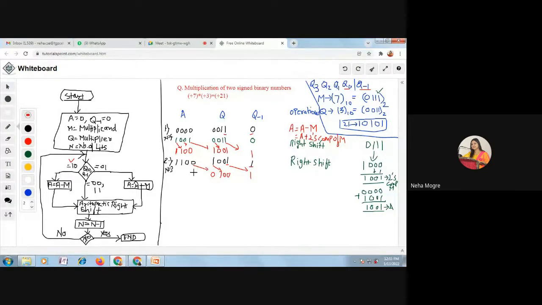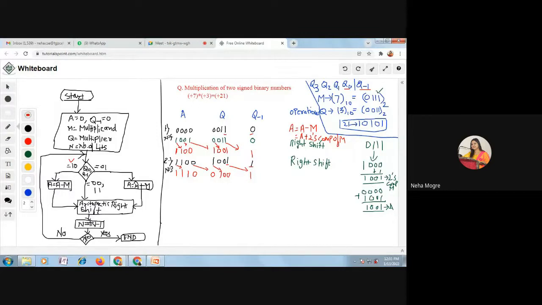This 1 will be placed here, and this 1 in this position, and the first bit we keep as it is. Or you can go for the circulate also. Is that okay? Yes, ma'am.